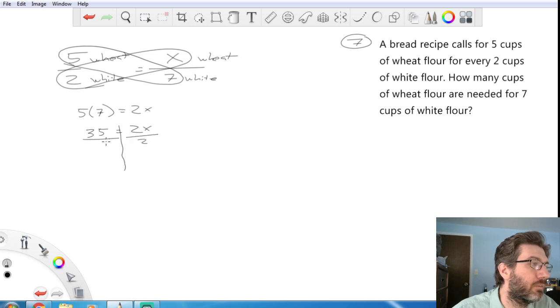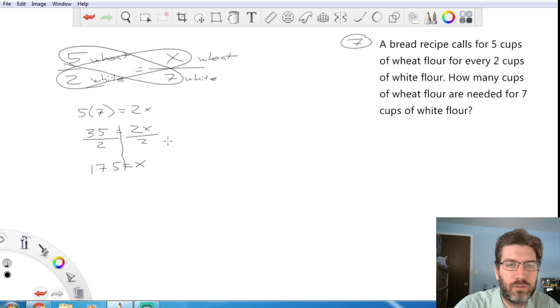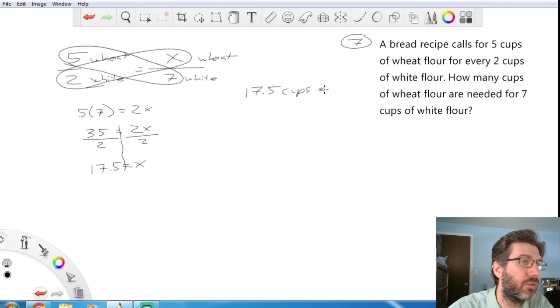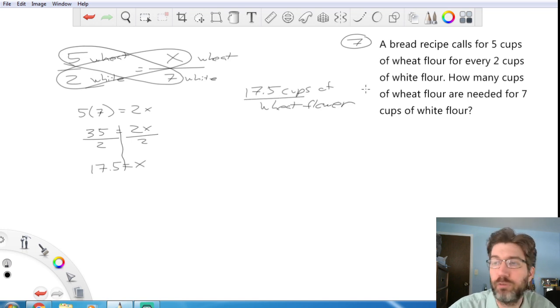Divide each by 2. 35 divided by 2 is 17.5. So you're using 17.5 cups of wheat flour, or just 17.5 cups.